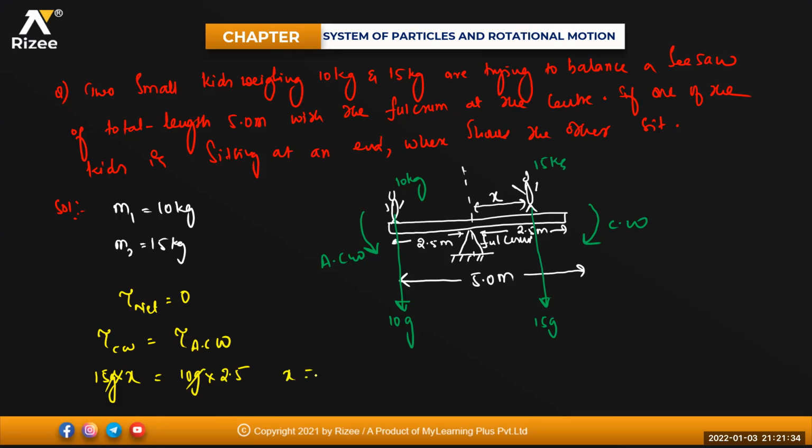So x value will be 2.5 into 10 divided by 15. 2.5 means 25 divided by 10, the 10 will get cancelled, divided by 15. 5 threes are 15, so it is 5 by 3. So x value is 5 by 3, which is 1.6 something.